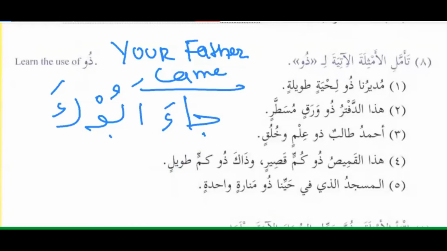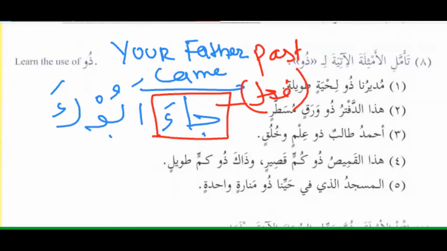Now you see, ja'a is the fa'al, the action which was done in the past. Abu is the fa'il. Who is doing the action? This action was done by father. So it is always with a dhamma.